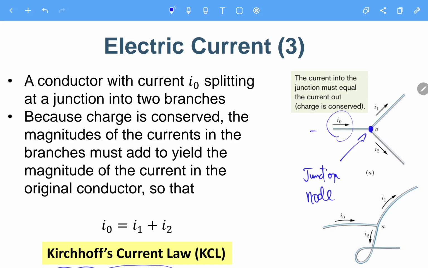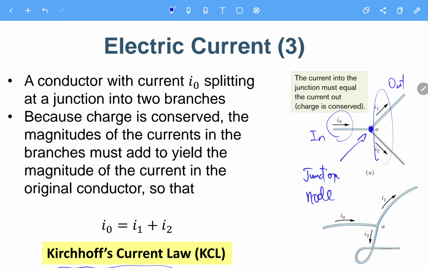This one is going in, these 2 are going out. Maybe for a more complicated circuit, there may be 3 currents going in, 2 currents going out. But here it says the total current going in a node must be the same as the total current going out a node. Okay, so that there won't be any charge accumulating at the junction.